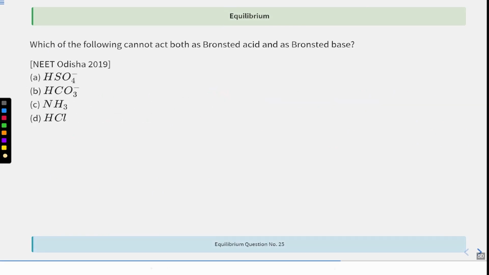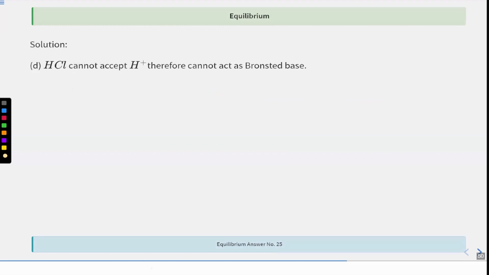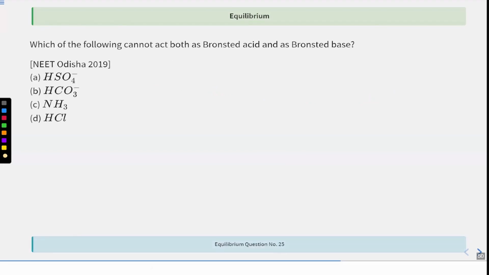Which of these cannot act as a Bronsted acid and a Bronsted base? So now what we have seen is pH and pOH. Now we want to see what is a Bronsted acid and what is a Bronsted base, right? We have an acid and we have a base.